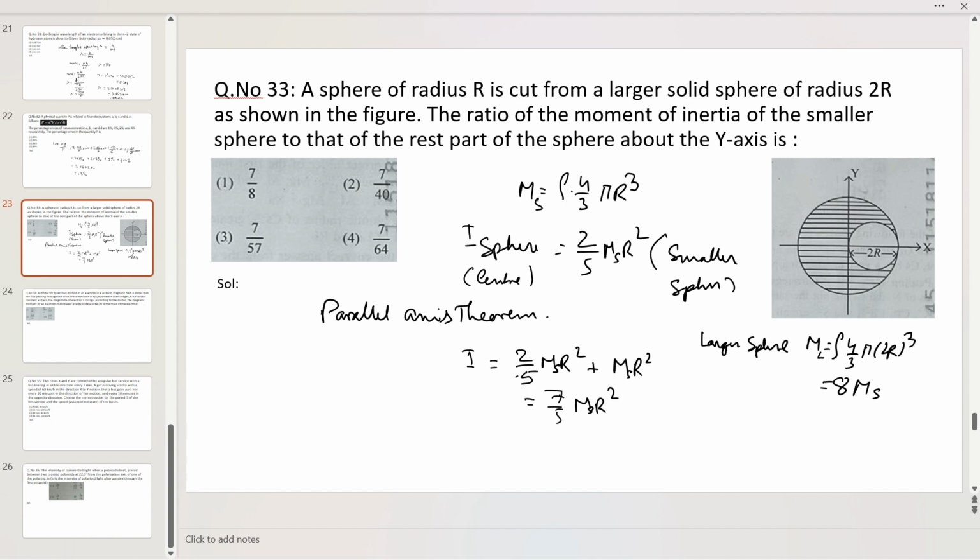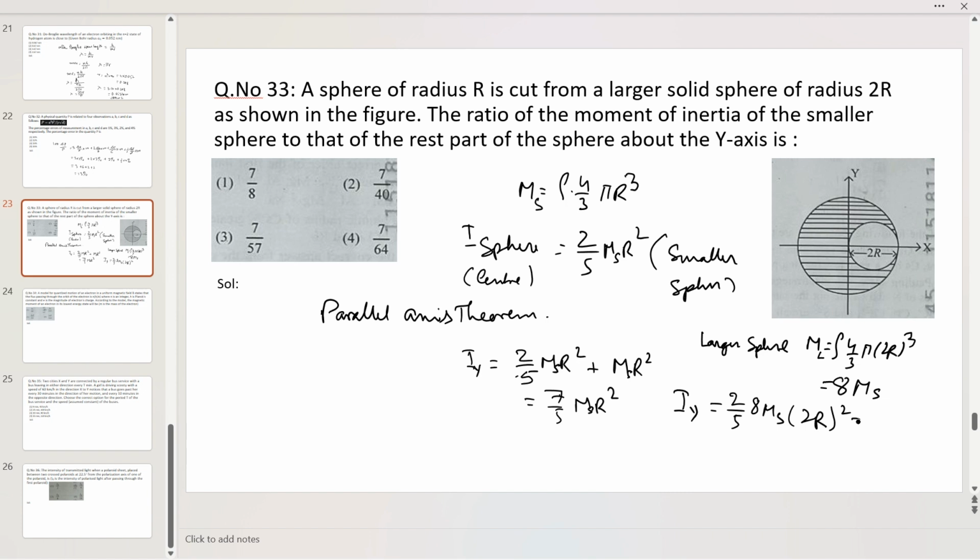For the larger sphere there is no problem. Moment of inertia about the y-axis for the smaller sphere needs the parallel axis theorem, but for the larger sphere the moment of inertia is 2 by 5, times the mass of the larger sphere, which is 8 ms, times the radius 2r the whole square.